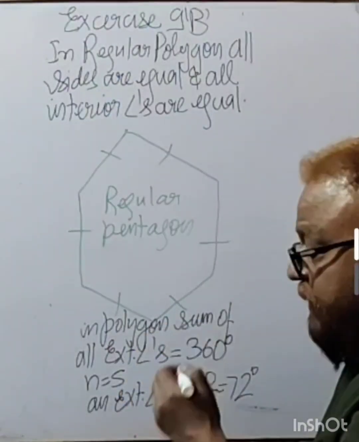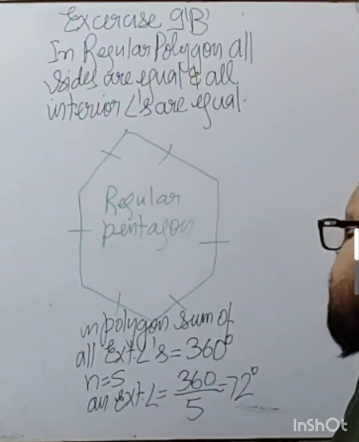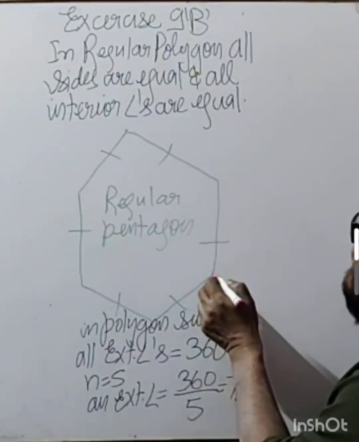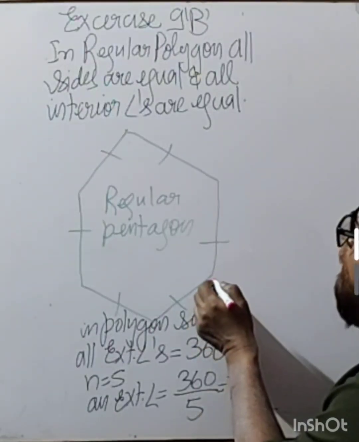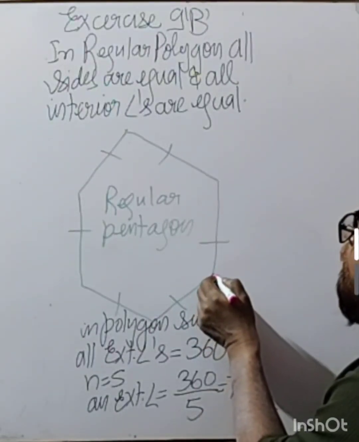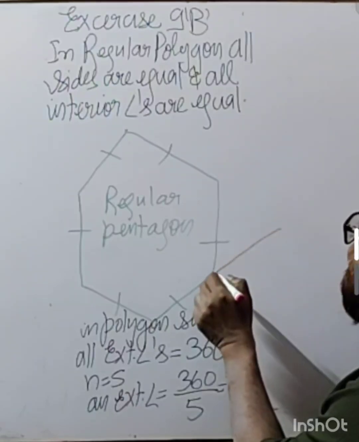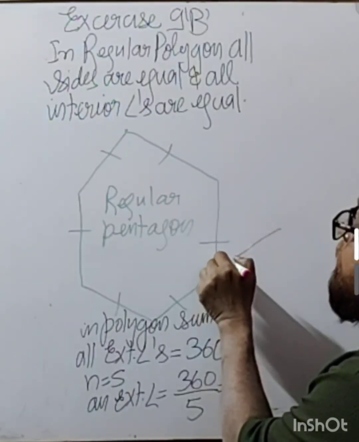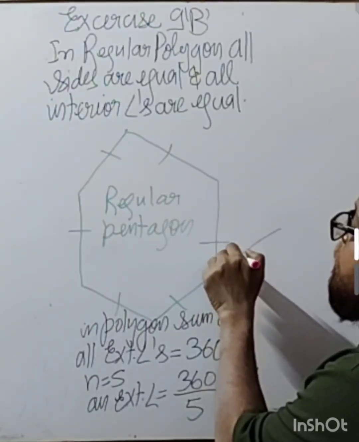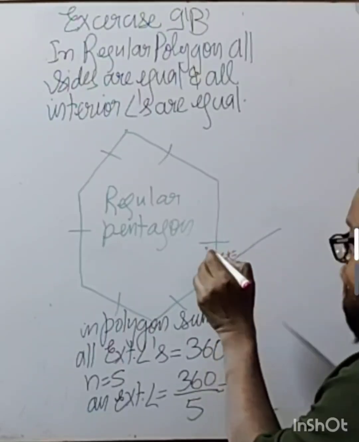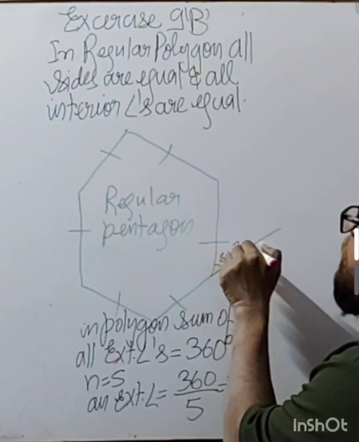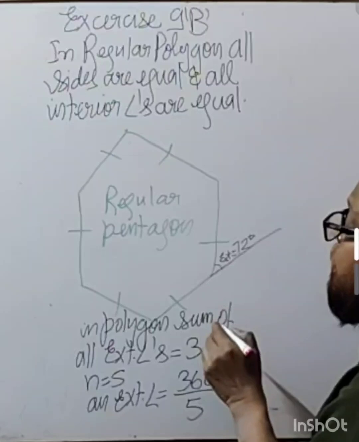So here is the exterior angle of the pentagon. This exterior angle is equal to 72 degrees, right?